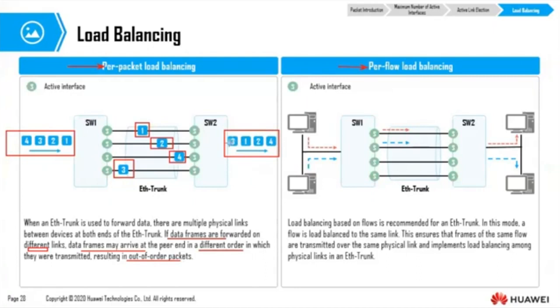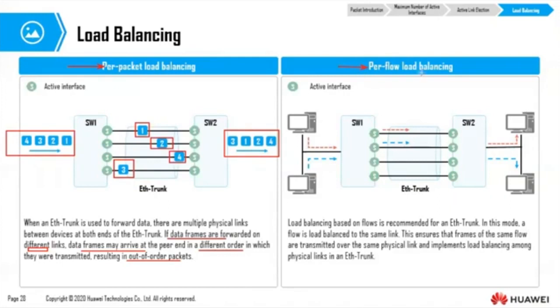Are you seeing that? Out of order because of the different processing speeds and queuing mechanisms and congestion on each of the interfaces. Are you getting the point? So that's how they can arrive out of order at the end. So that's per packet load balancing.